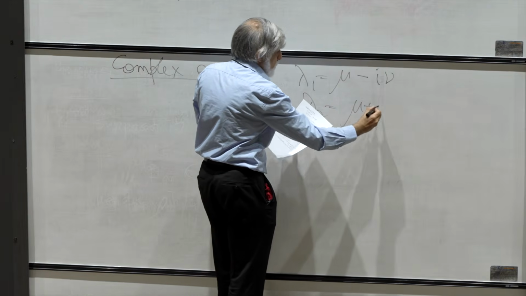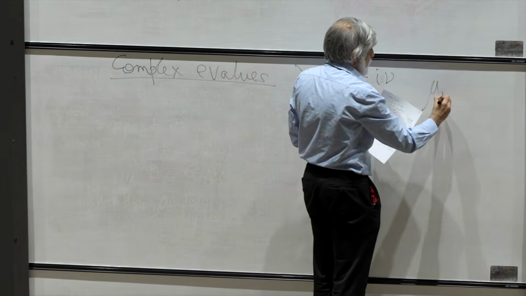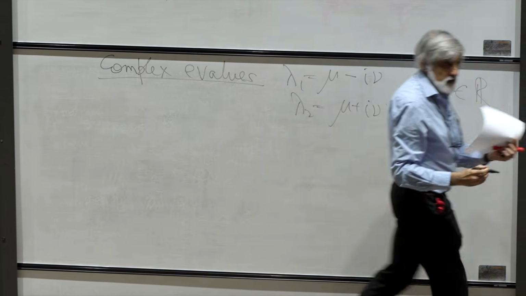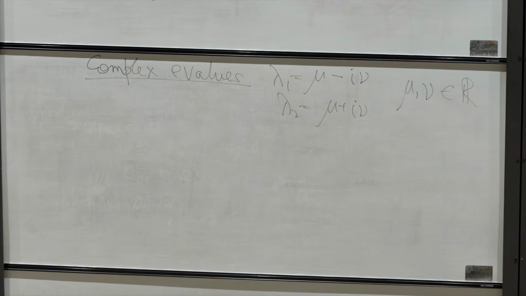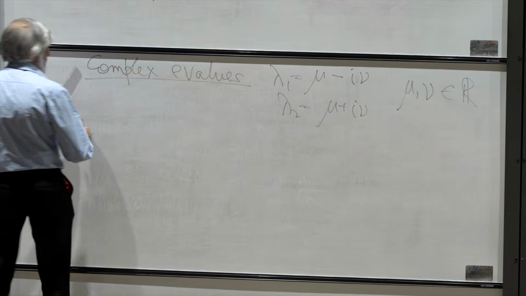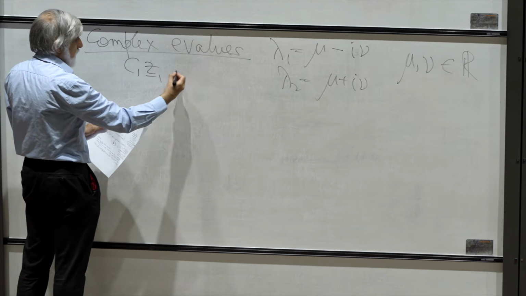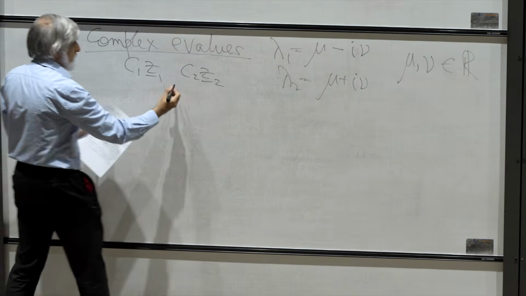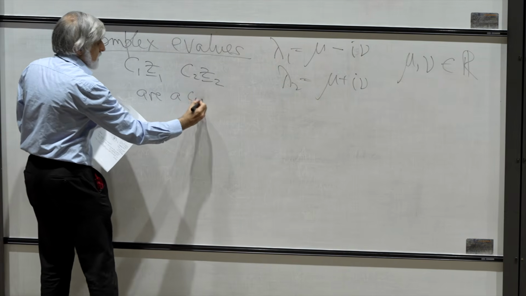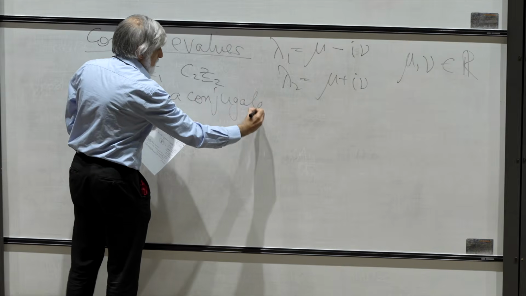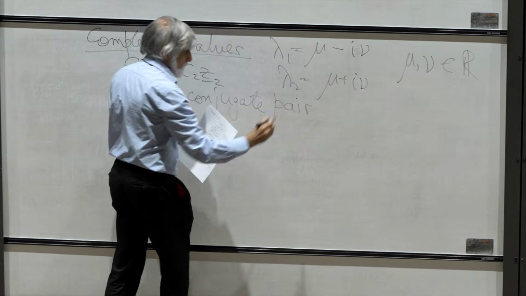Lambda 2 is mu plus i nu, where mu and nu are real. Then what we should know is that the corresponding C1, Z1, C2, Z2 are a conjugate pair. So we need that in order to get a real solution.